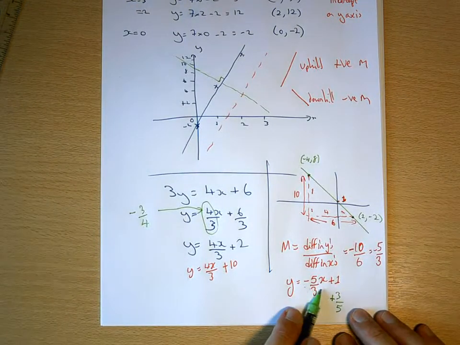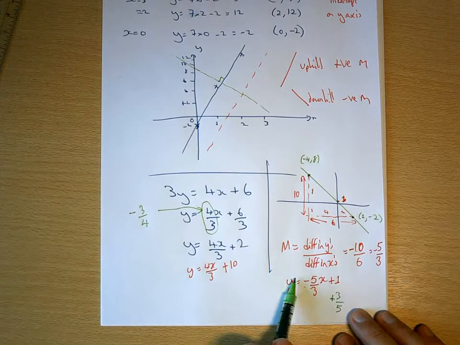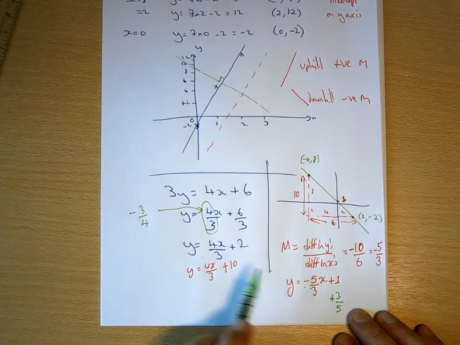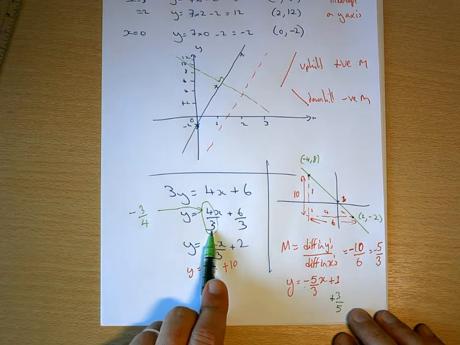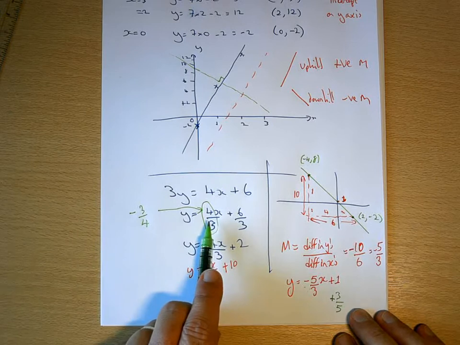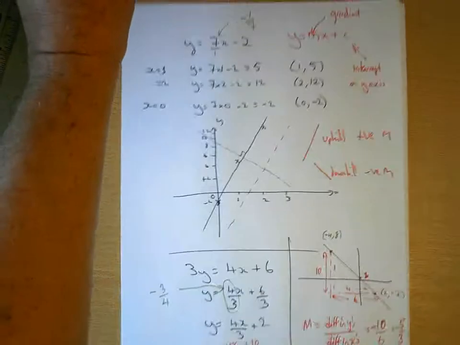So for parallel, any line parallel to that one will have the gradient minus 5/3. Any line that's perpendicular to it will have the gradient plus 3/5. Any line parallel to that will have the gradient 4/3. Any line perpendicular to it will have the gradient minus 3/4.